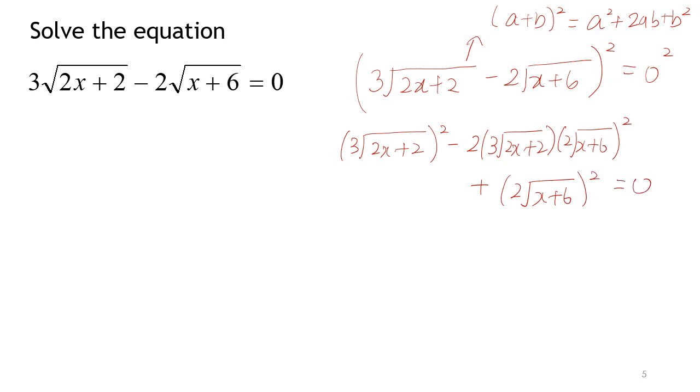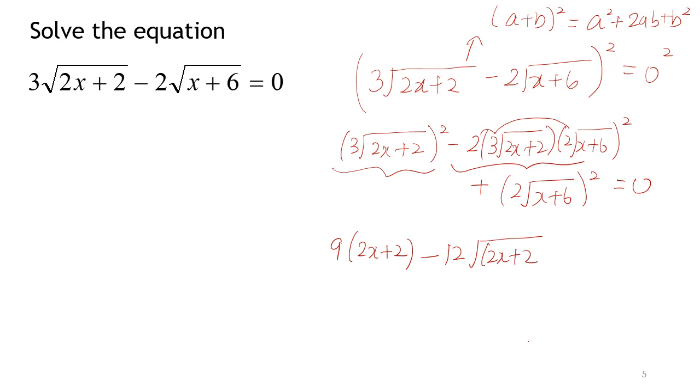So when you square this one, remember, you have to square the 3 as well. You don't just remove the square root, right? So you have 9 bracket 2x plus 2, and this will give you negative, multiply all the integers together, so 2 times 3 times another 2, that gives you 12, and then you have square root 2x plus 2, with another square root x plus 6, and this will give you 4 bracket x plus 6 equals to 0, right?